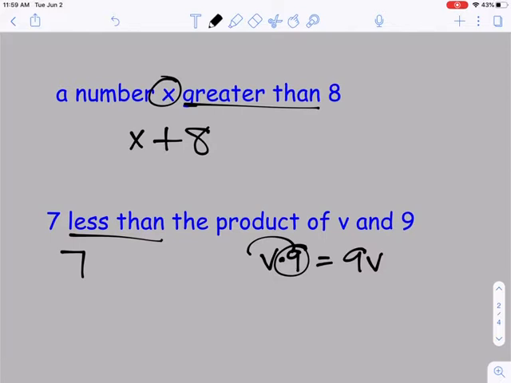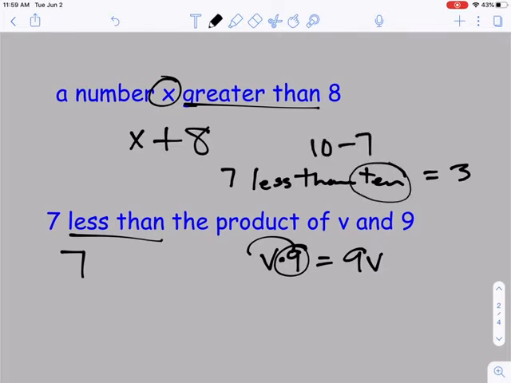All right? So if I said you have 7 less than 10, and said, what do I have? Most of you pretty much immediately would say, well, that's equal to 3. And the reason you'd say that is because somewhere in your head you went 10 minus 7.